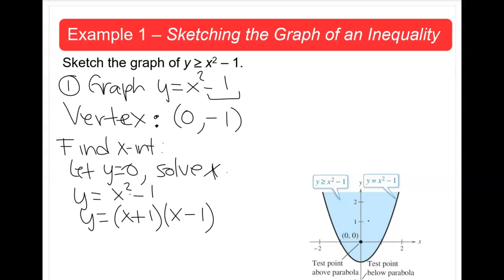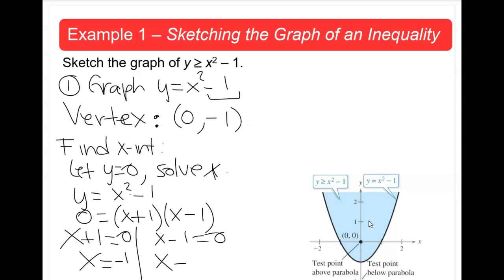Then we let y equal 0, and by the zero factor property we set each factor equal to 0 and solve for x one at a time. So x is equal to negative 1, and for the other factor x is equal to positive 1. So we have two x-intercepts: negative 1, comma 0, and also 1, comma 0.